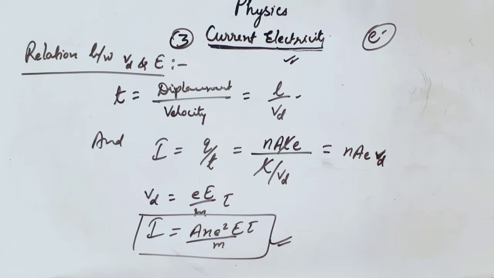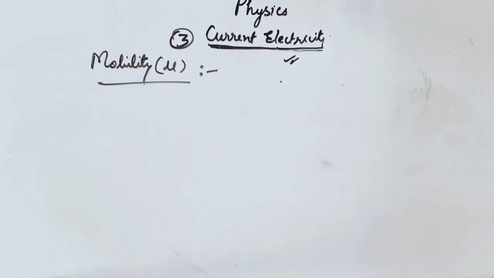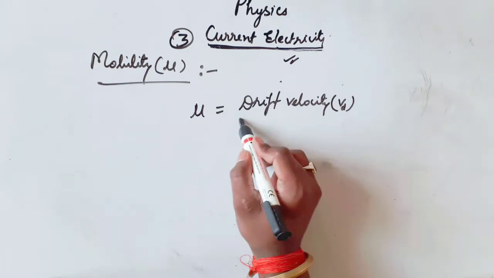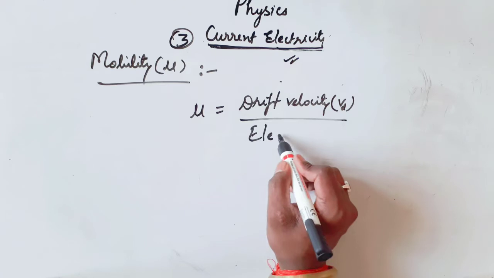Now we are going to discuss the mobility of charge. What do you mean by mobility of charge? It is defined as the magnitude of drift velocity per unit electric field intensity.